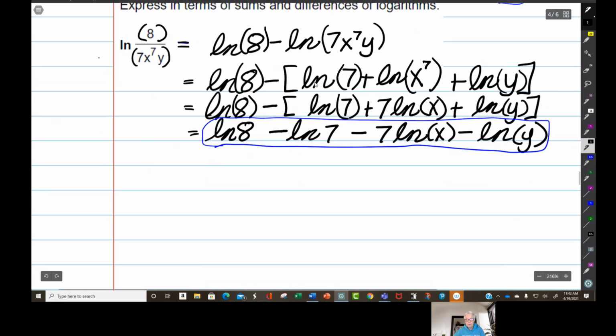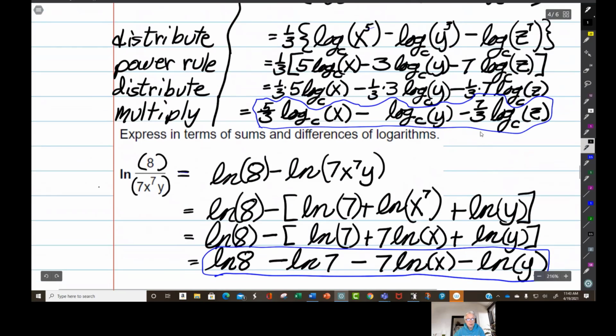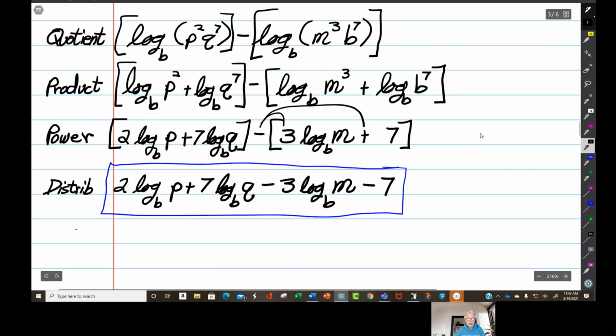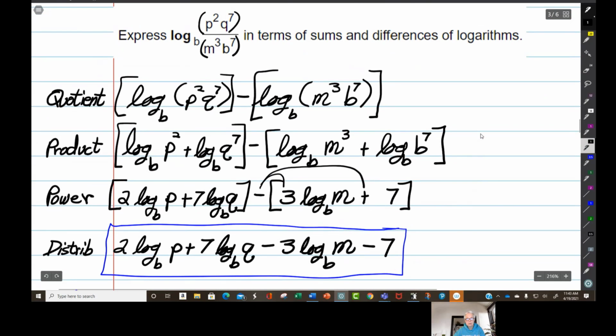It's the product rule. Here I brought down the 7, so that's the power rule. And then distribution. It's the best way to learn it, to do it over and over and over.